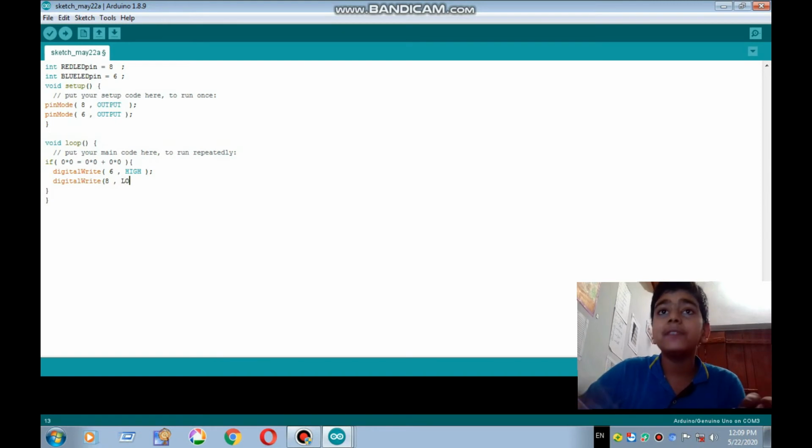It means that if they are equal, then the red LED will be off and the blue LED will glow.